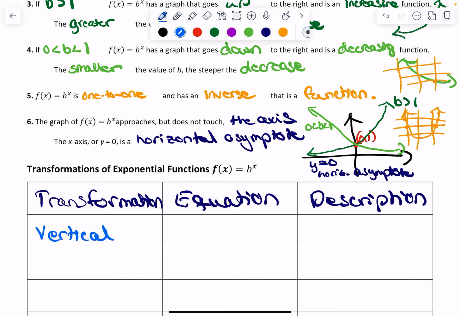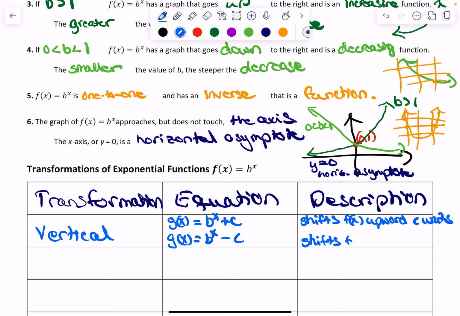And that is, we're going to have g of x equals b to the power of x plus c, which means that this shifts f of x upward c units. If we have g of x equals b to the power of x minus c, this shifts f of x downward c units.